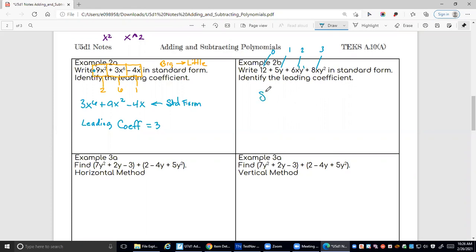So let's write it. 8xy to the 2nd plus 6xy plus 5y plus 12. Is that what you got? Yay. And the leading coefficient, as long as it's in standard form, is the one that's right up front, right? And so what's right up front? 8. 8 is the leading coefficient.